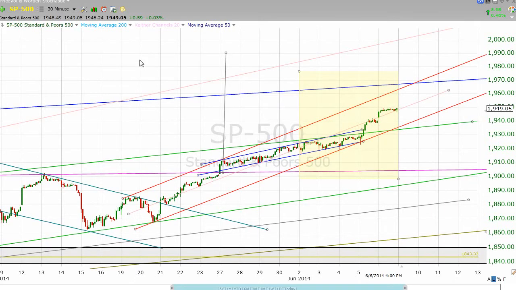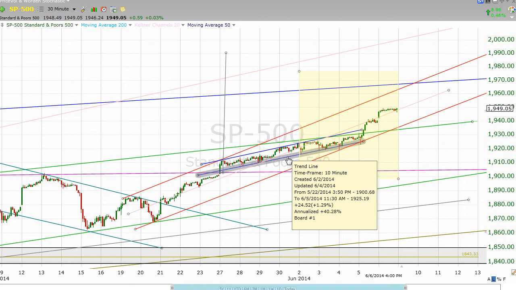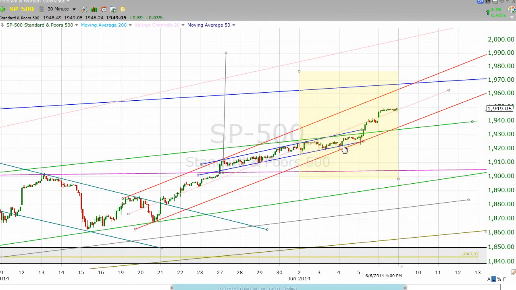So we came into the week inside this rising blue channel, which developed after we had been in a more aggressively rising pattern starting late in the afternoon of the 20th, running through to about the 27th.